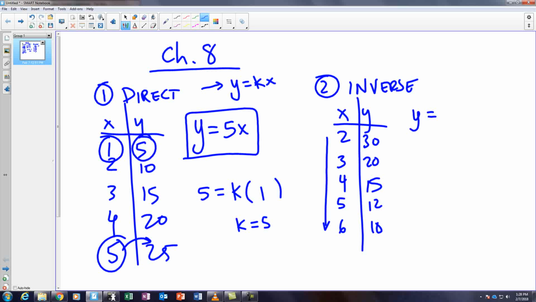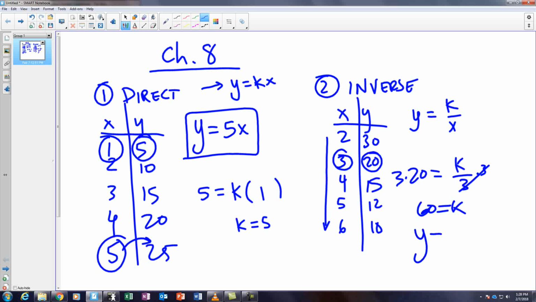Now, inverse equations typically look like y equals k divided by x. Again, you need k so you can write this equation. Well, if I take y as, say, 20, equals k over the x, that's 3. I would times the 3 over, and I would get that k equals 60, meaning that y would equal 60 over x.